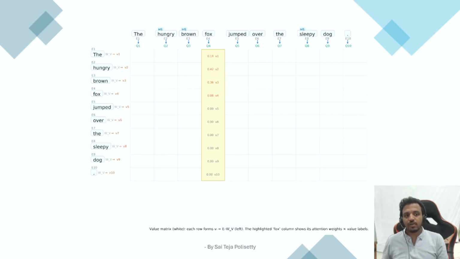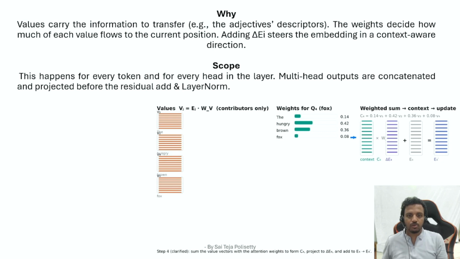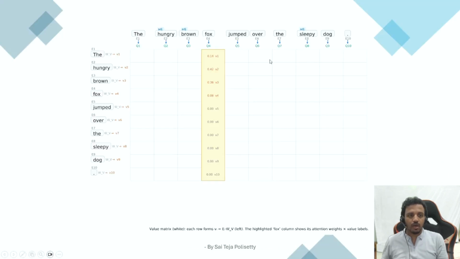What will you do with those values? You understood what we did: we multiplied the embeddings with the value matrix, got the value vectors, multiplied the value vectors with the weightage, and got some values again. Let's talk about this column only, and the same thing will repeat for the other columns.